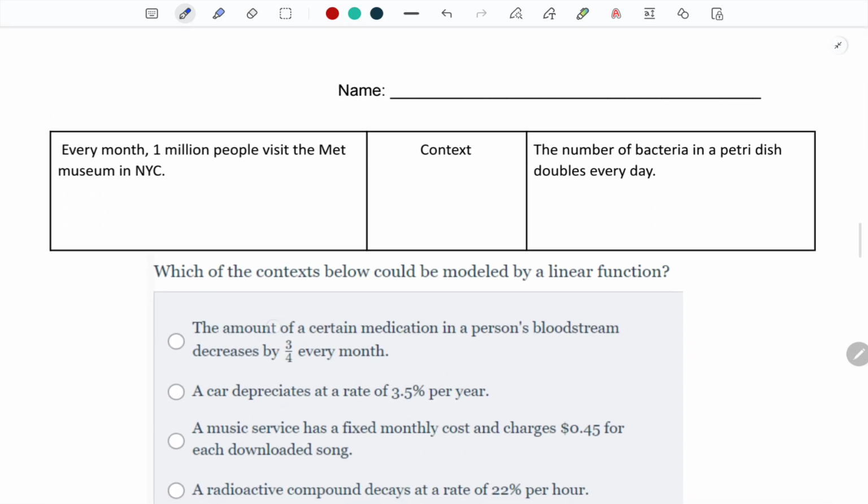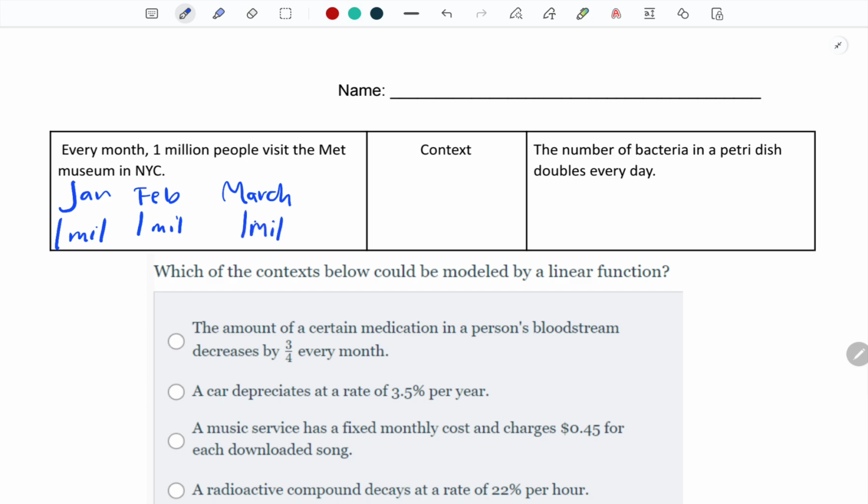In context, flip your page for me. Every month, so let's say January, February, March, 1 million people visit the Met Museum in NYC. So January I have 1 million people. In February that's another 1 million people. In March that's another 1 million people.